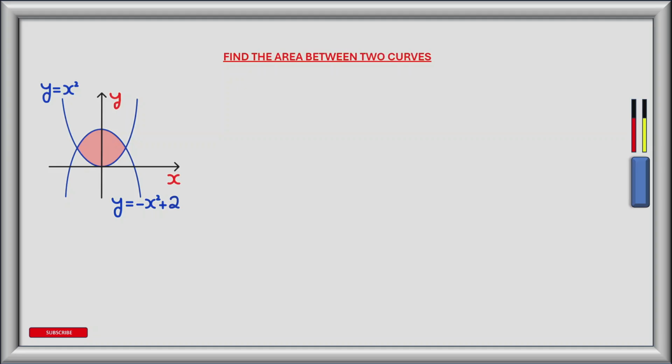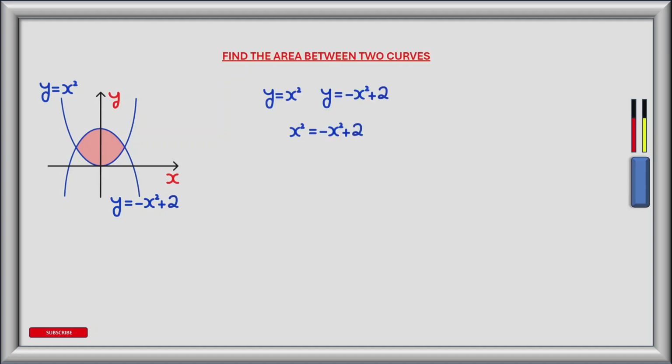The first step in finding the area of the red region is to find the x coordinates of where the two curves intersect. To do this, we can equate the two equations and find the values of x at the points of intersection. Equating the two equations gives x squared is equal to minus x squared plus 2.